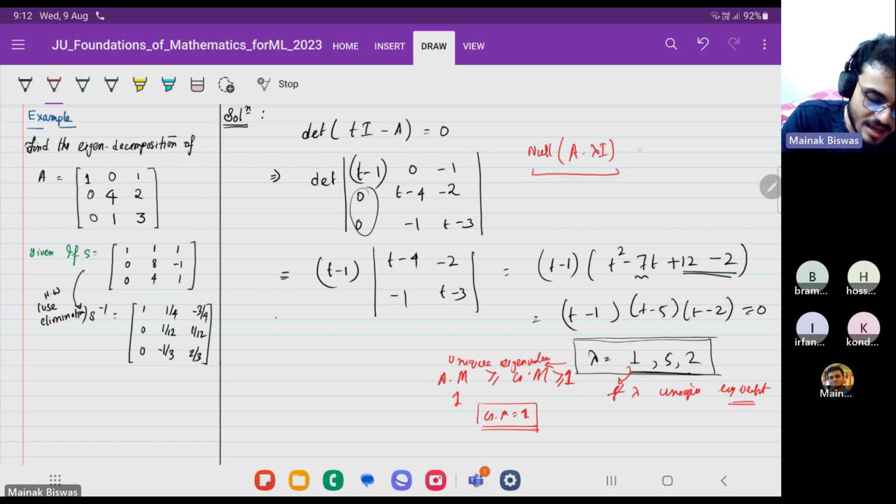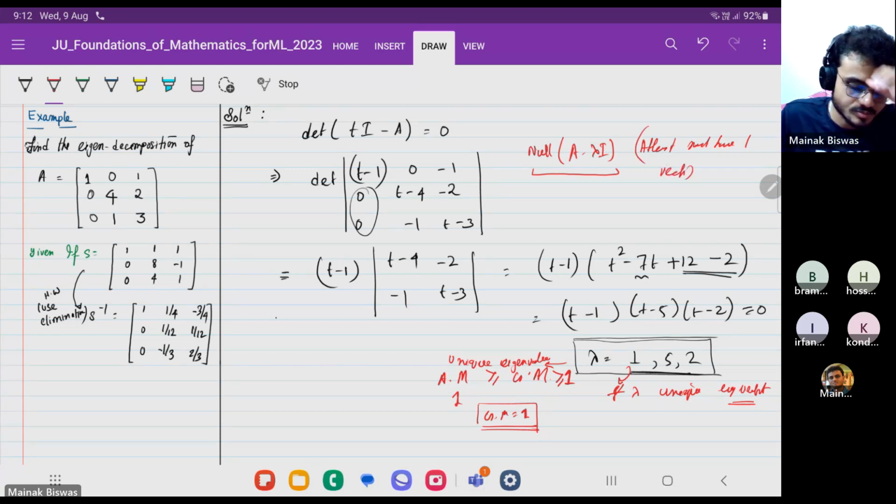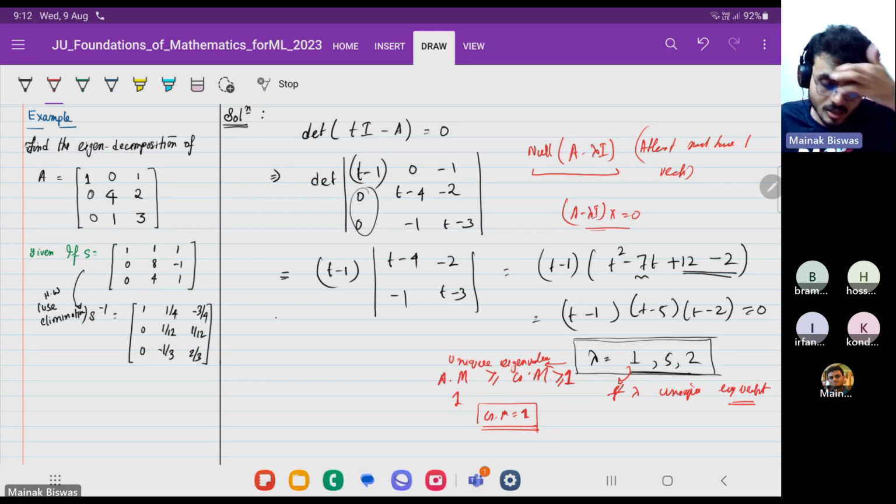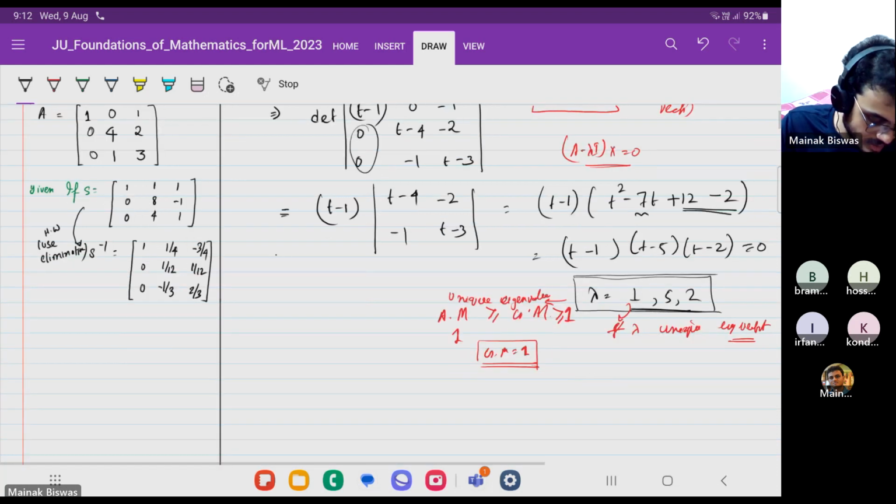So the null space must have at least one vector, right? Because you are solving the null space equation, A minus lambda I times x equal to 0. So it must have at least one solution, right? Great.